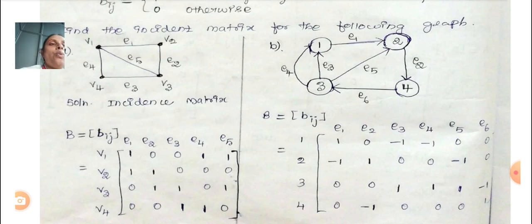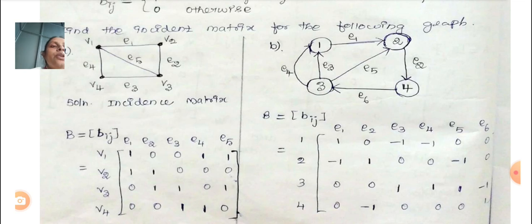Here 1 to E1 is 1. 1 to E2 there is no edge, 0. 1 to E3 we put -1. 1 to E4 also -1. 1 to E5 there is no edge, so we put 0.